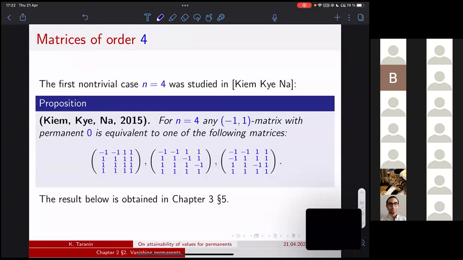So actually, they have 5 matrices, and as you can see, one of my matrices is symmetric, and 2 are not symmetric. So actually, if I give up equivalence up to transposition, I will also get 5. So that's the result.